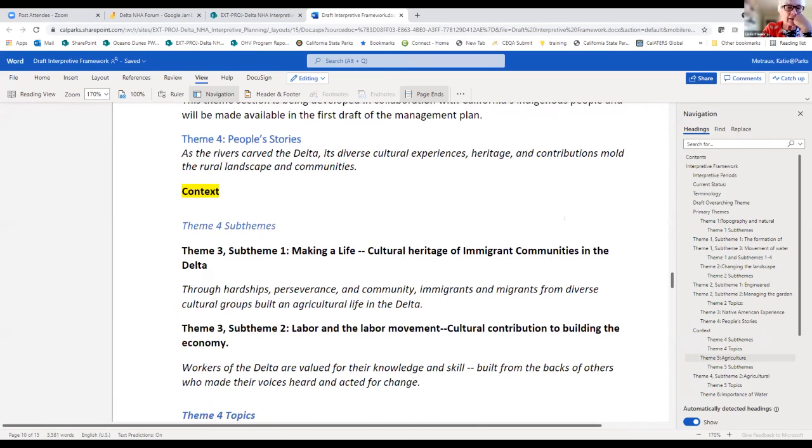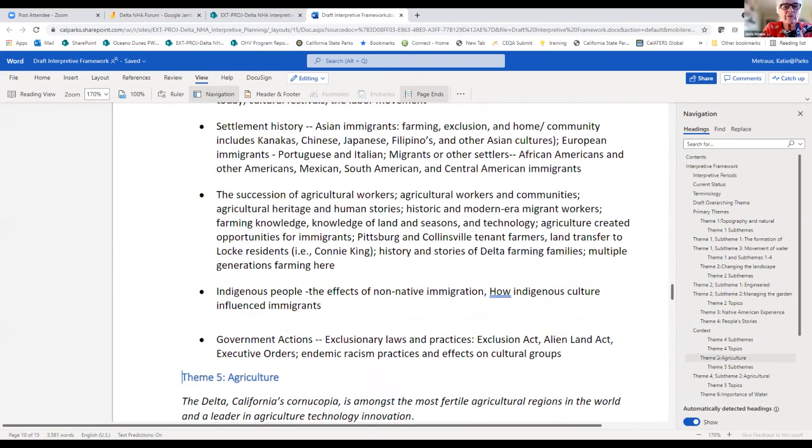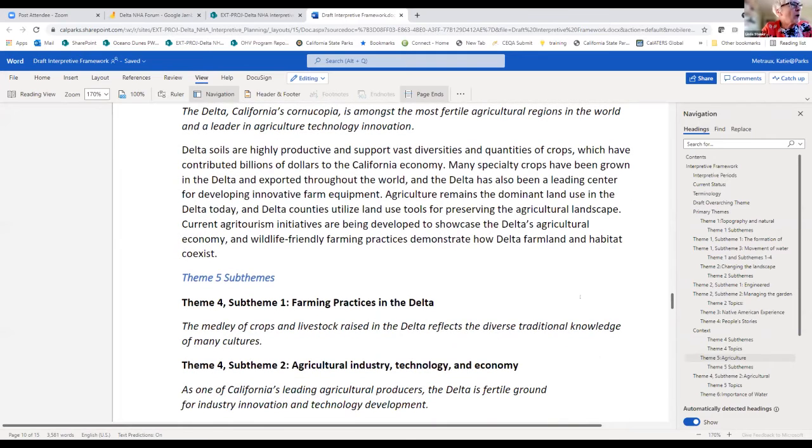So there are a lot of ways to talk about agriculture that are not just, oh, there's a lot of agriculture here, that it's fertile. Yes, we know. Why is it fertile? What was lost to gain that fertility? Those kinds of concepts would make these themes more interesting. Okay, right.